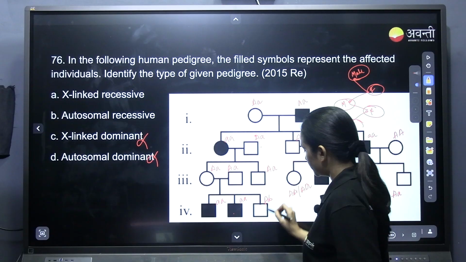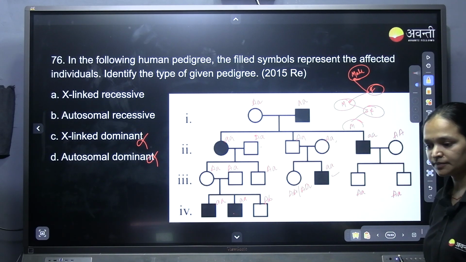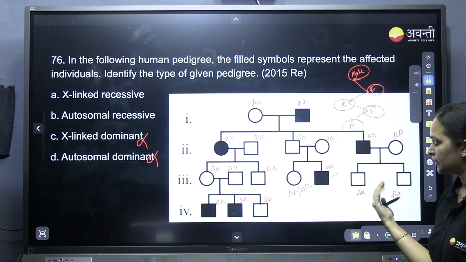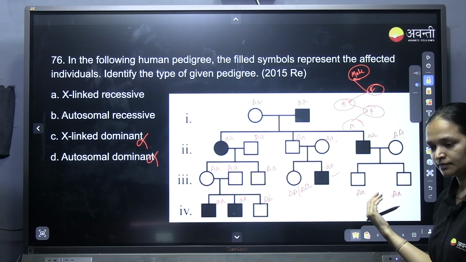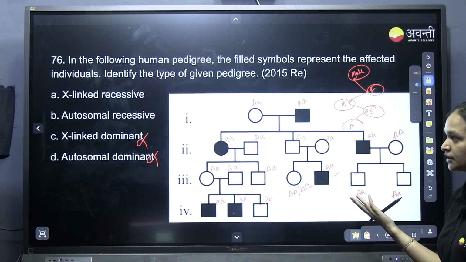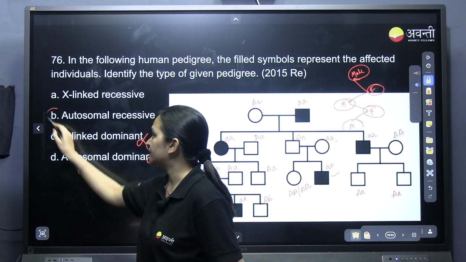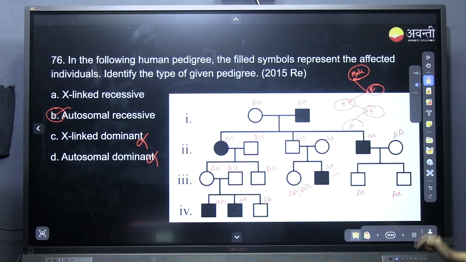Not affected, so these are affected, non-affected, carrier. Understanding? So this could be their genotypes. So it is autosomal recessive, not X-linked. In X-linked we can find criss-cross inheritance. Here there is no criss-cross, so it is definitely autosomal recessive.